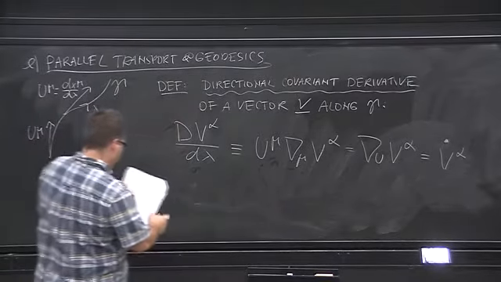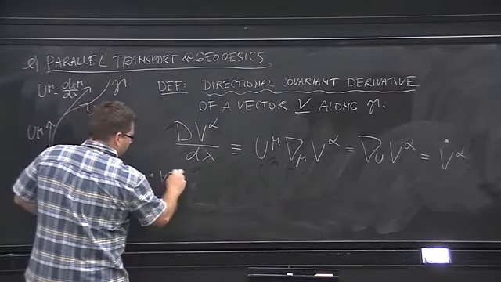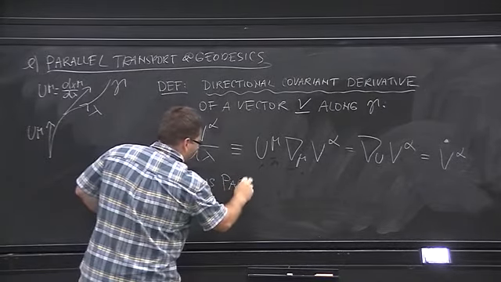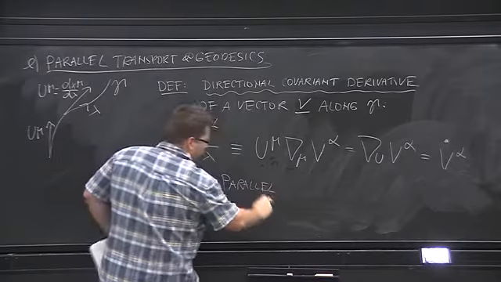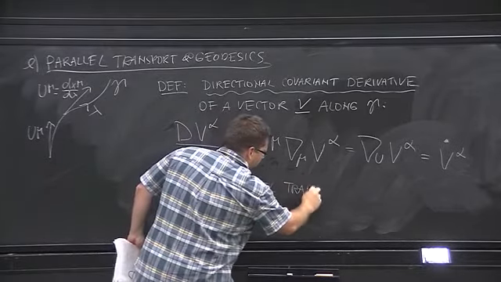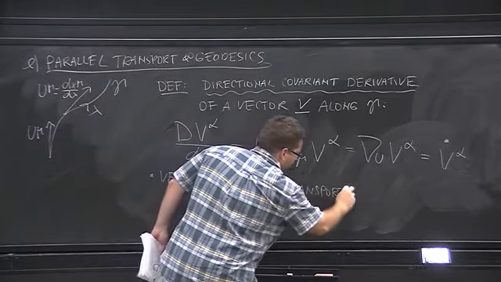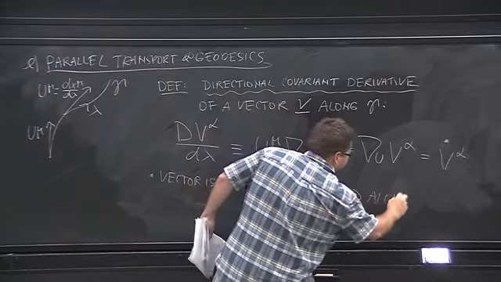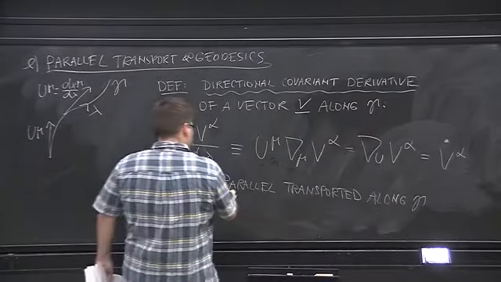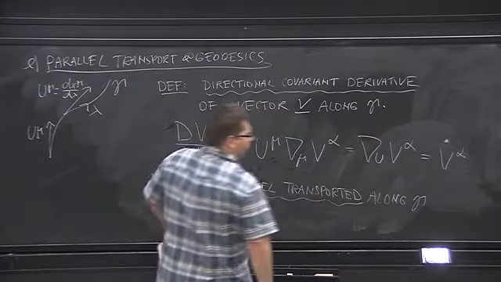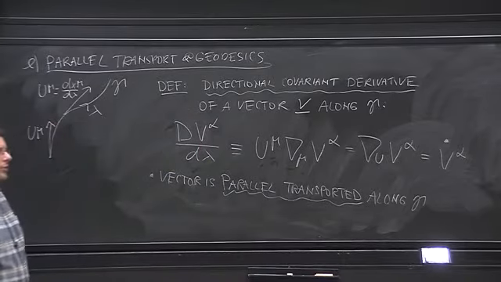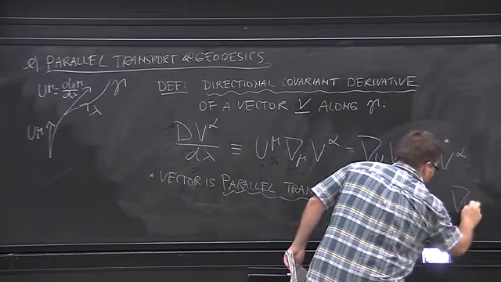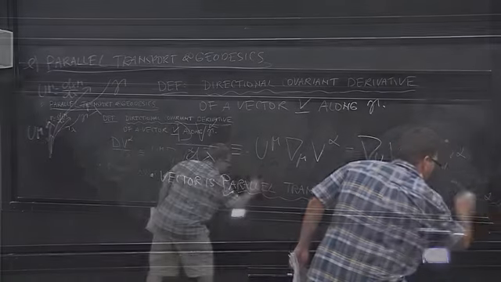Then you say that a vector is parallel transported along gamma when this directional derivative is equal to 0, when nabla u v alpha equals 0.